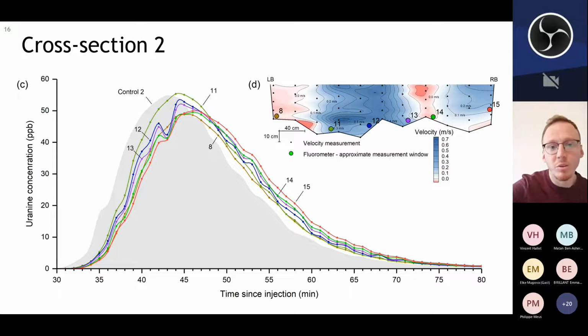So there are some differences, but not so much. It's very similar. And it's probably linked to the fact that the velocity is much higher. And also, mostly longitudinal dispersion has helped to make the signal more spread out through time, making the heterogeneity less visible.